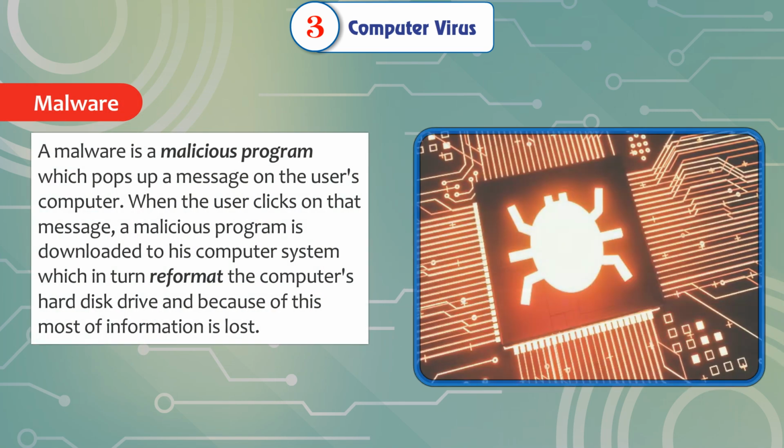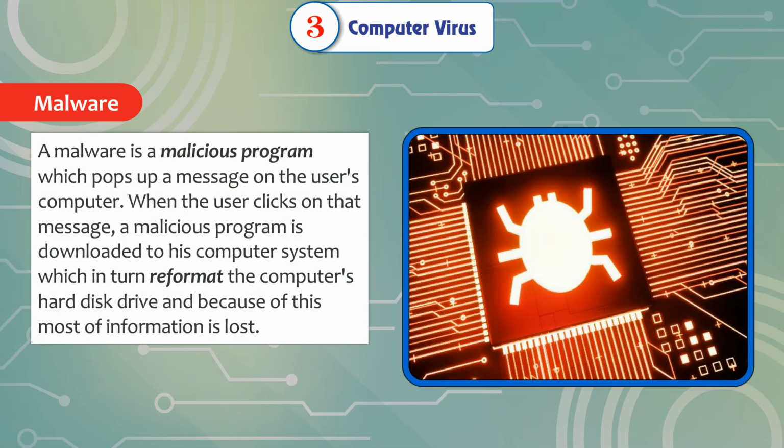Malware. Malware is a malicious program which pops up a message on the user's computer. When the user clicks on that message, a malicious program is downloaded to the computer system, which in turn reformats the computer's hard disk drive, and because of this, most of the information is lost.